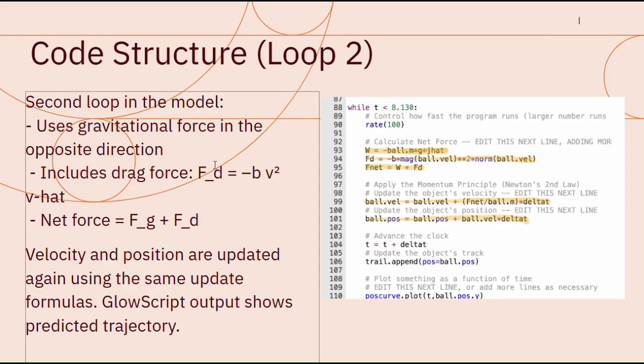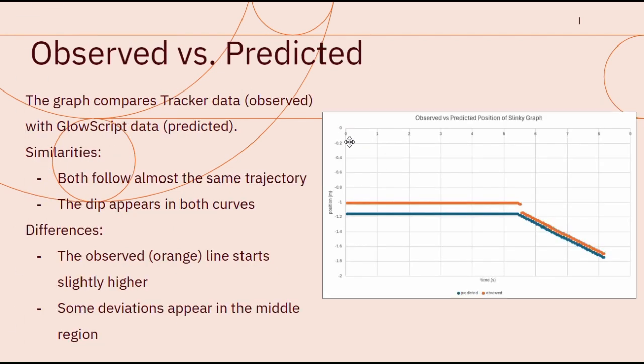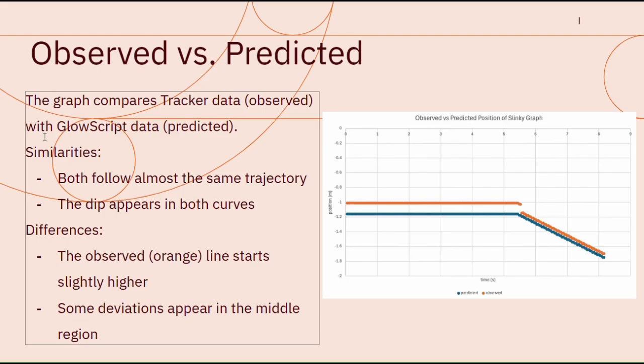And I just sent a screenshot of the GlowScript output right here. Observed versus predicted graph. So similarities: both did follow almost the same trajectory. The dip appears in both curves. The observed orange line starts slightly higher, which of course makes sense.